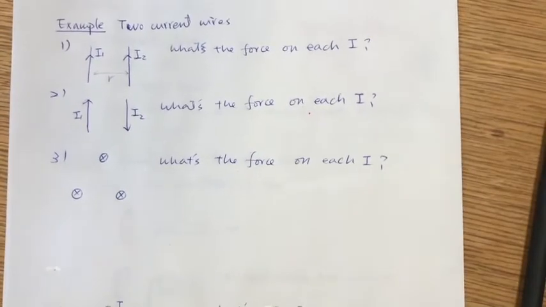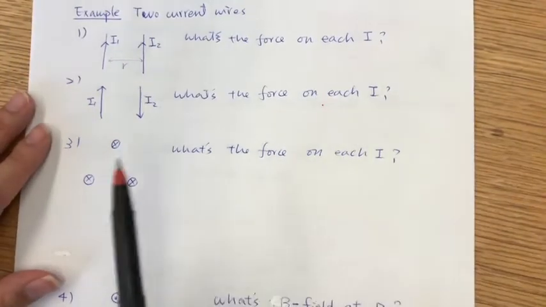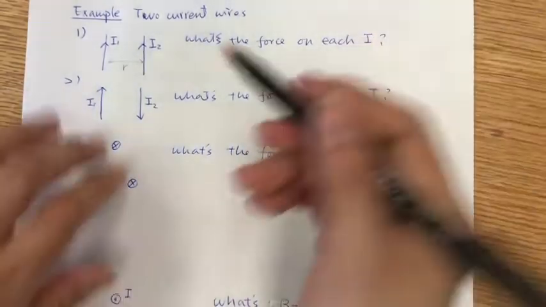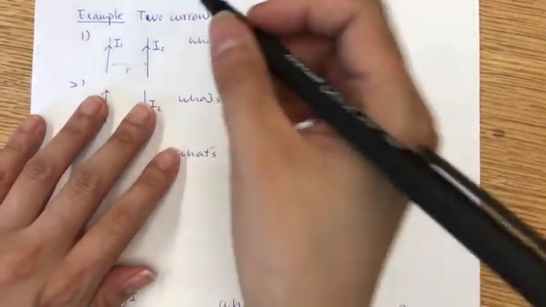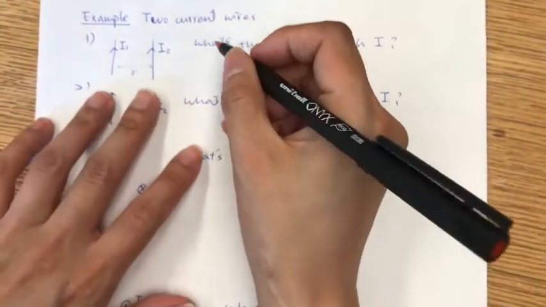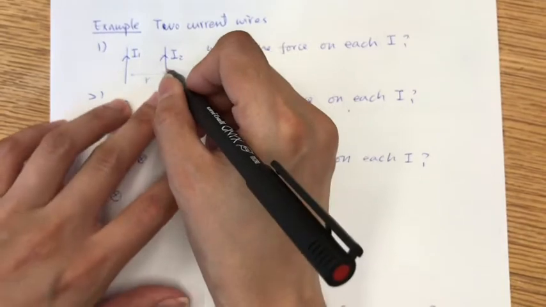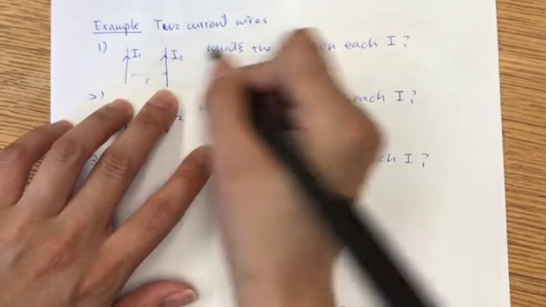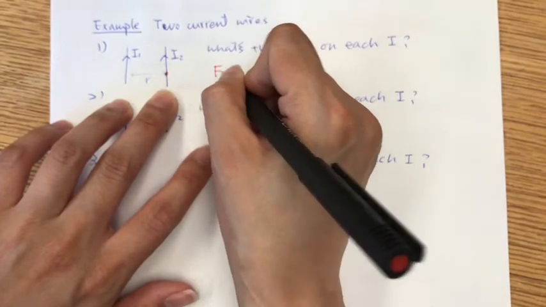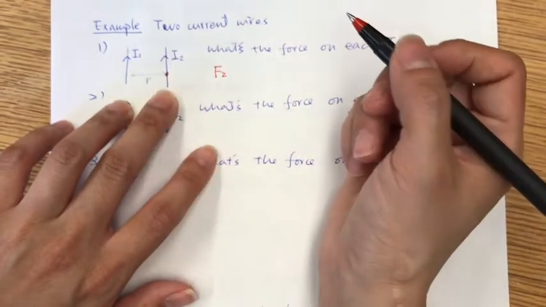The last example is this one. Remember we have talked about this one. These two, if they're the same current running in the same direction, so this one will feel a force. This current F2 will feel a force caused by this current.